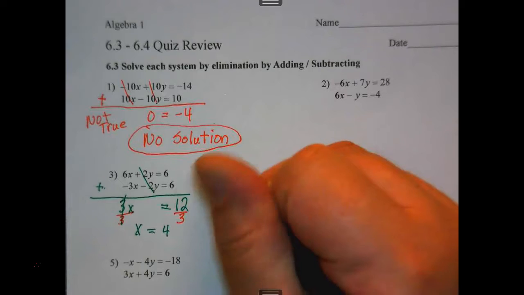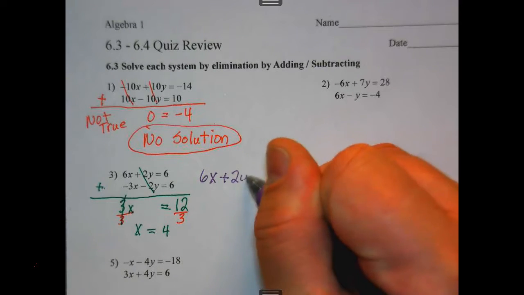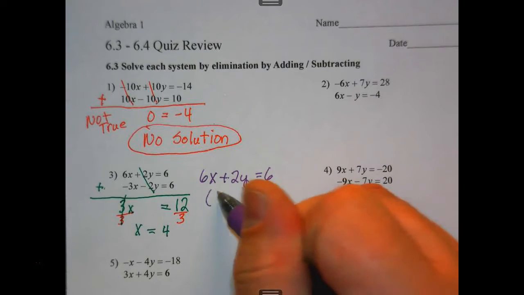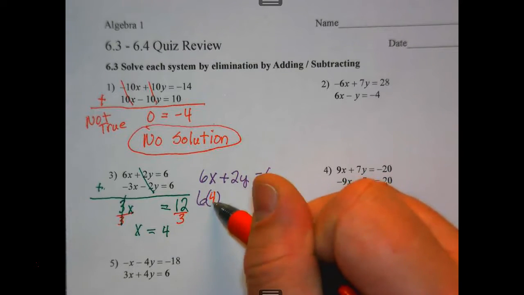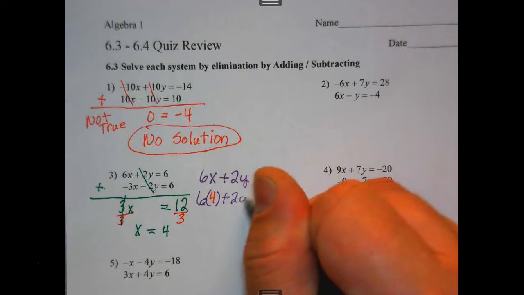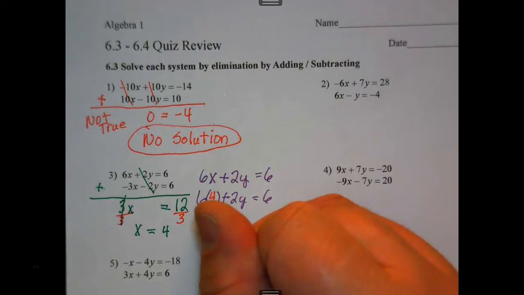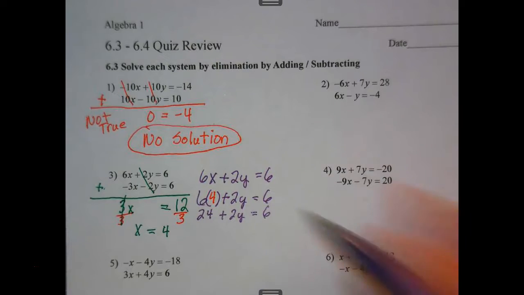I'm going to pick the top one: 6x plus 2y equals 6. I know my x is 4, so I'm going to substitute in 4 for x. So I get 24 plus 2y equals 6.